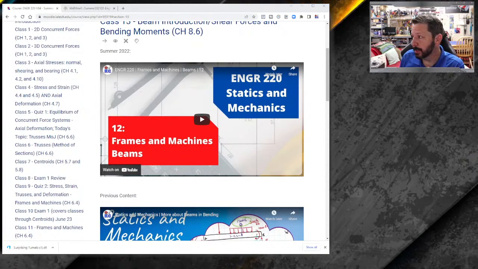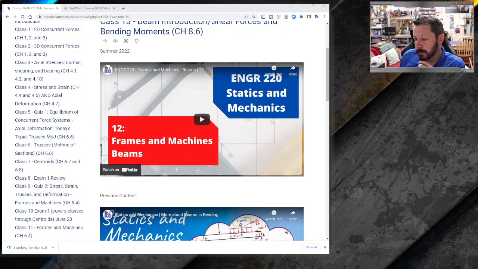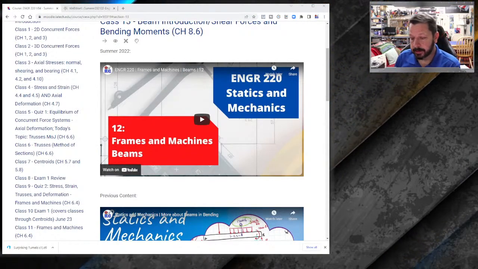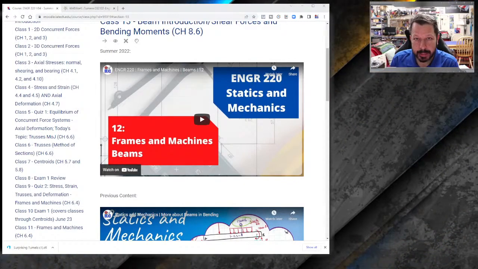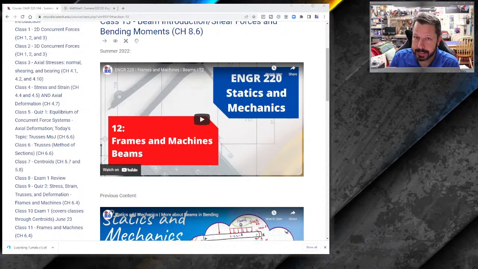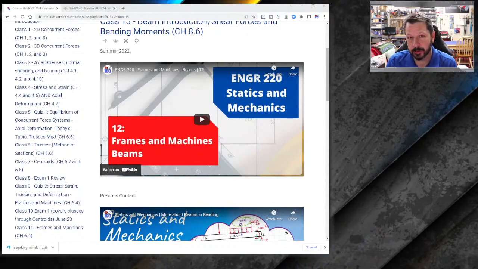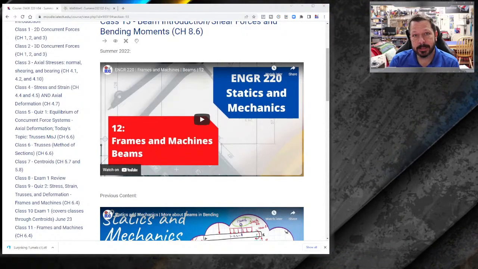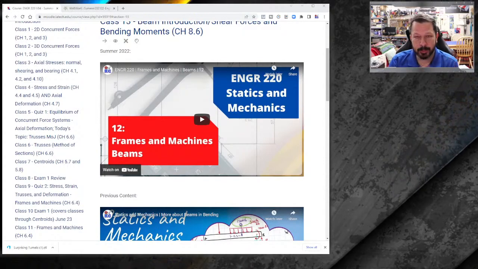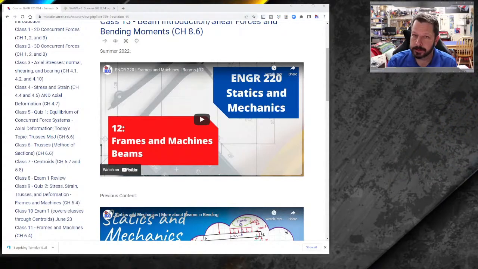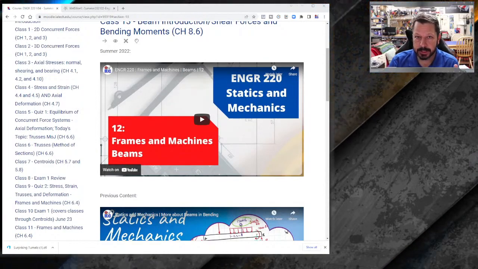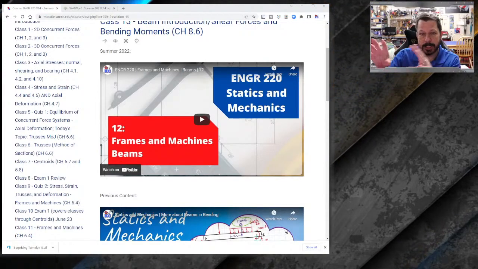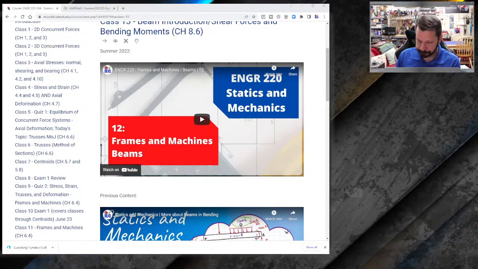For a frame or a machine, there is at least one piece, and probably more than one, that is not a two-force member, and that piece is going to be a beam. The presence of that one piece meant that we couldn't do things like method of joints or method of sections, so we have to look at each piece of the frame individually.